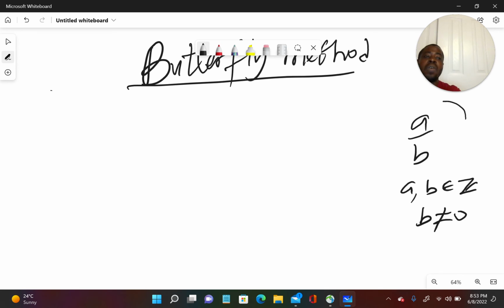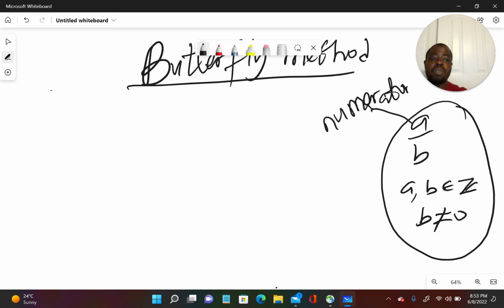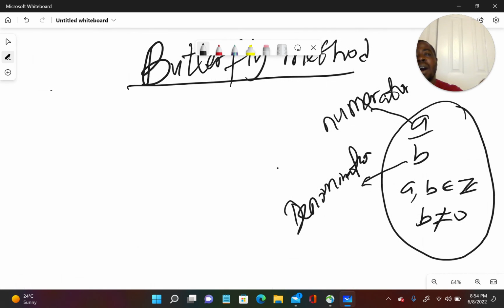So that is how you define a fraction. Now, the top of the fraction is called numerator, and the bottom is called denominator. Okay? All right? And so let me clean that up.